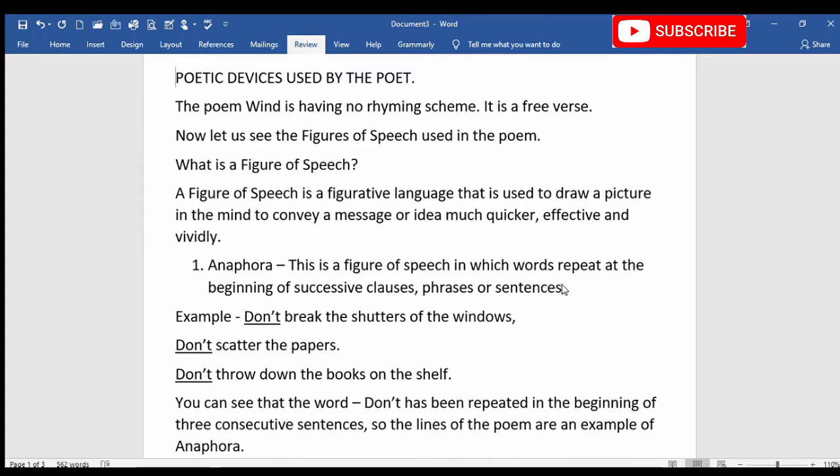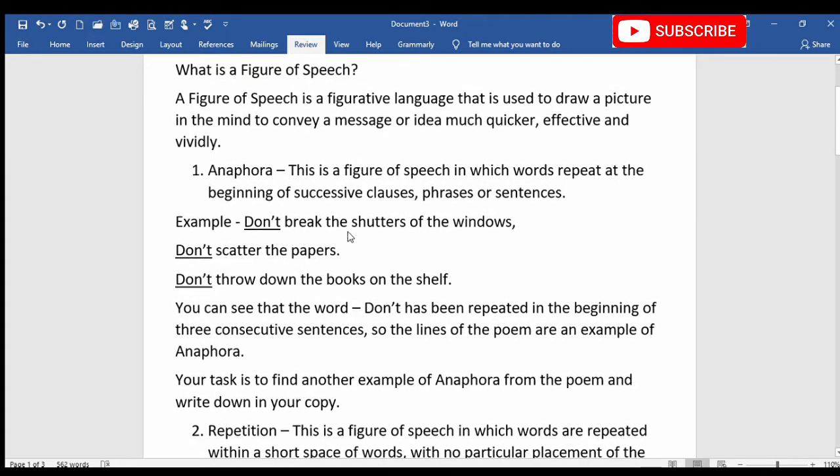Now you can understand this better when you look at the example. Don't break the shutters of the windows. Don't scatter the papers. Don't throw down the books on the shelf. Now you can see that the word don't has been repeated in the beginning of 3 consecutive sentences.